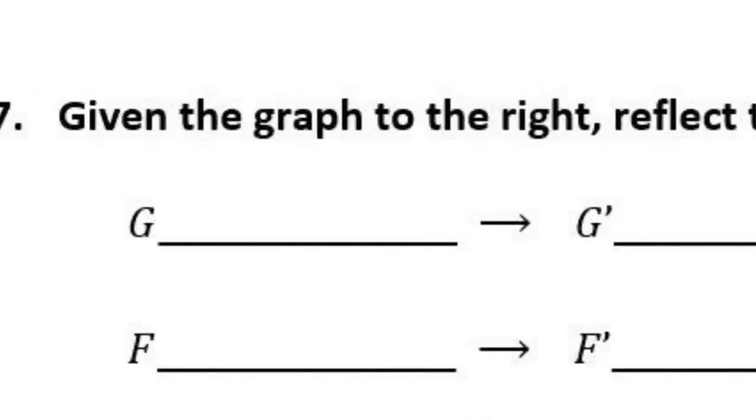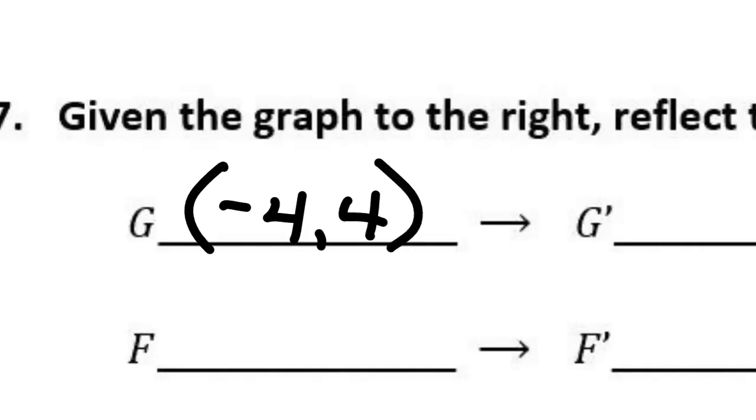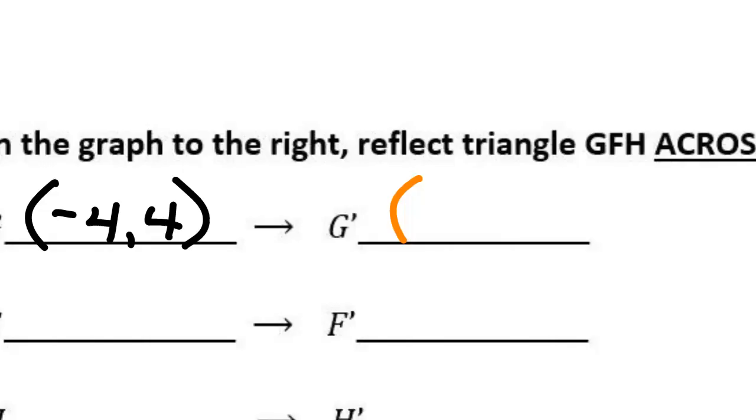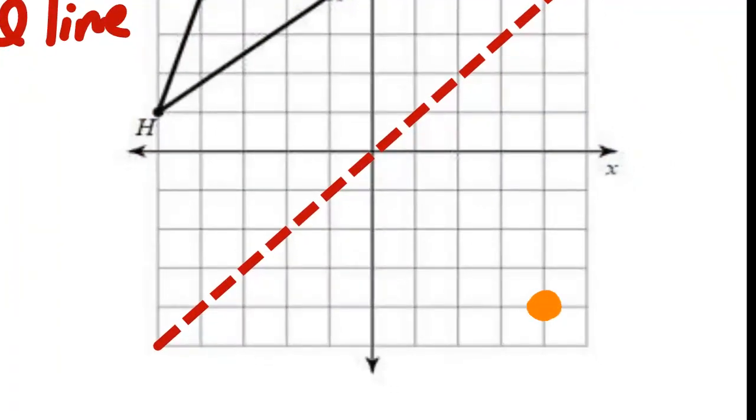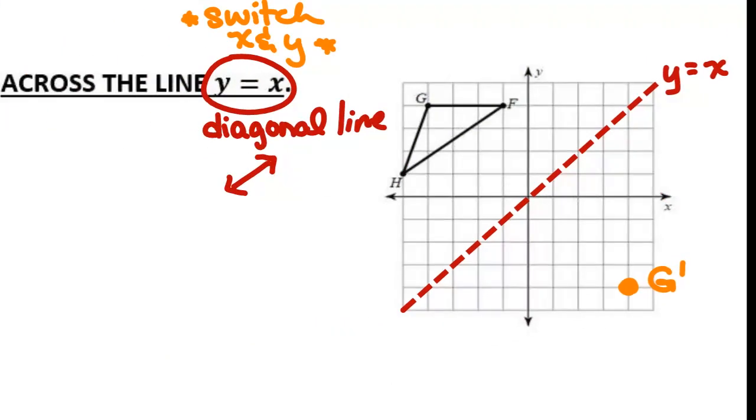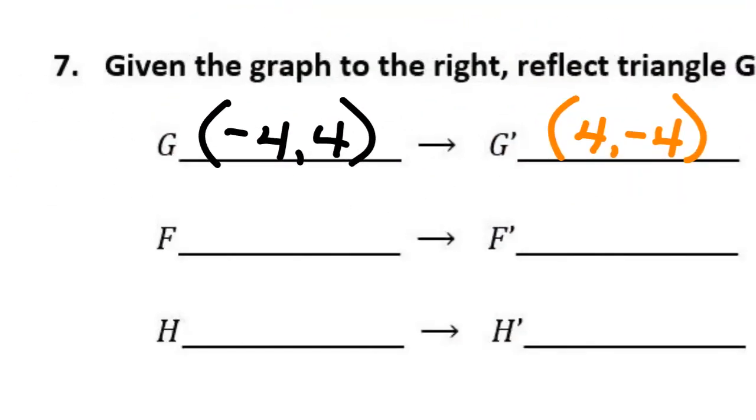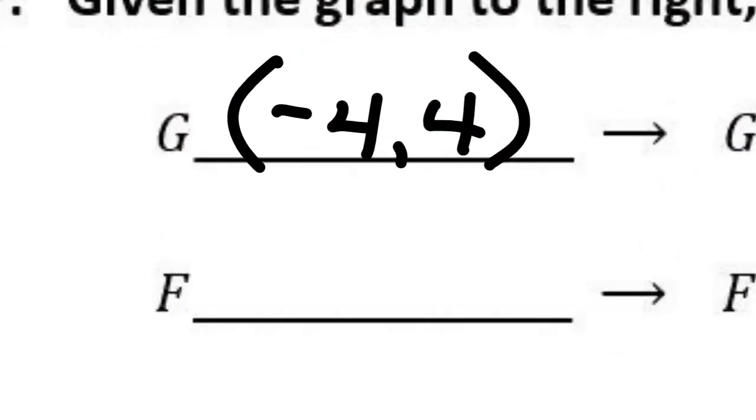So where is point G located right now? Negative 4, 4. We're going to switch that to get G prime. So what would G prime be then? If I flip that around, 4, negative 4. So I have a point G prime at (4, negative 4) down here. Then I need the ordered pair for F. What is the ordered pair for where point F is right now?